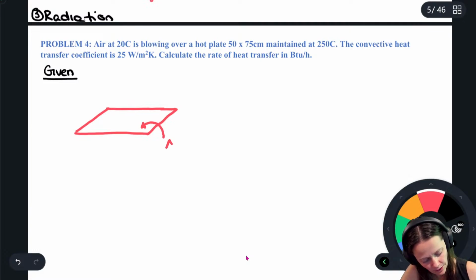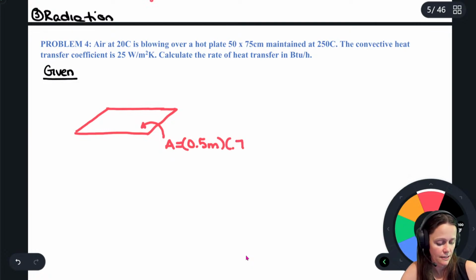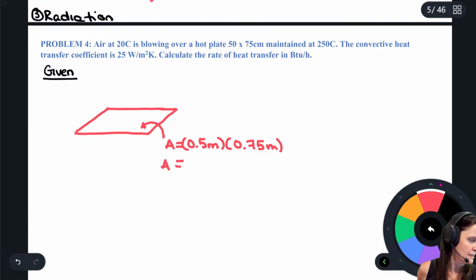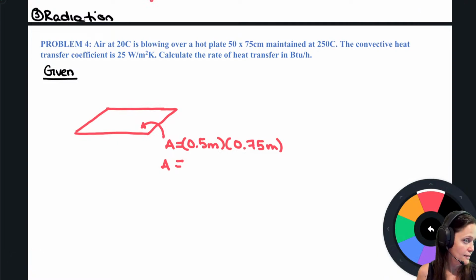So the area is 0.5 meters times 0.75 meters, which I feel like was 0.375 if I'm not mistaken. It's 0.375.